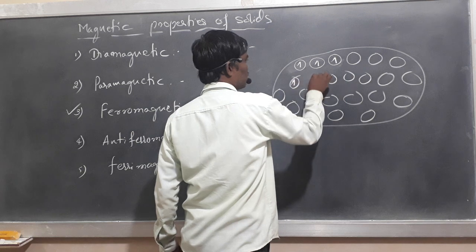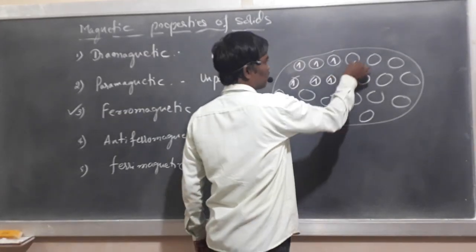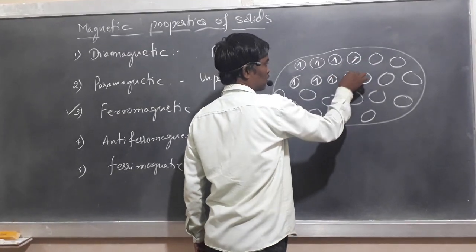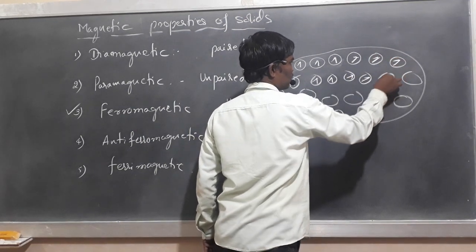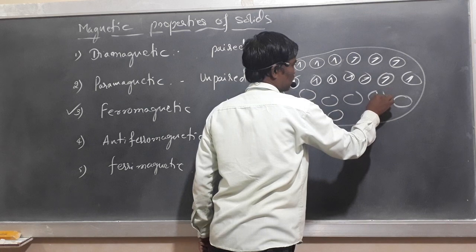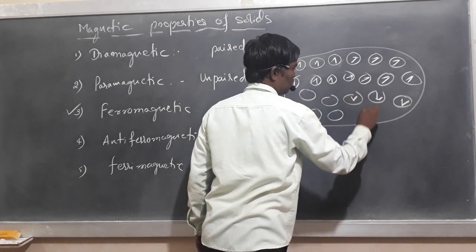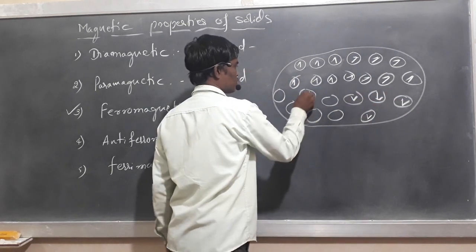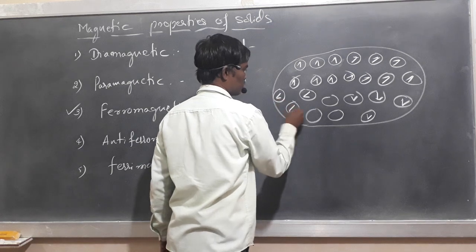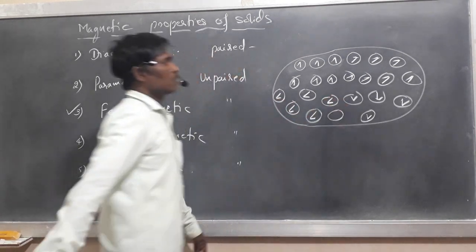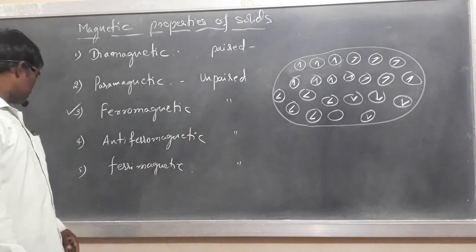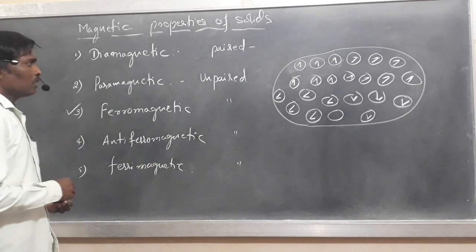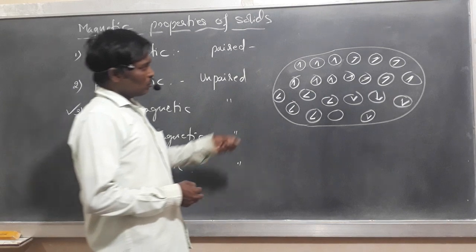Let me show you the unpaired electrons. These all are unpaired electrons. So this is a substance which contains unpaired electrons.